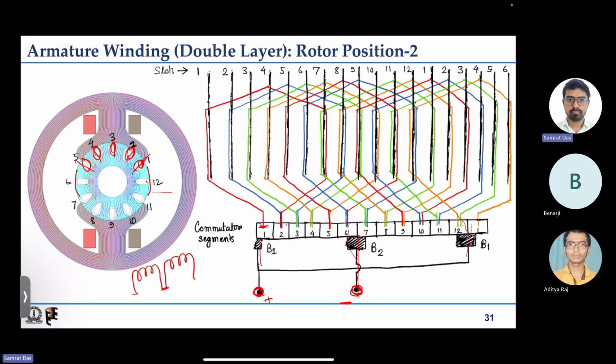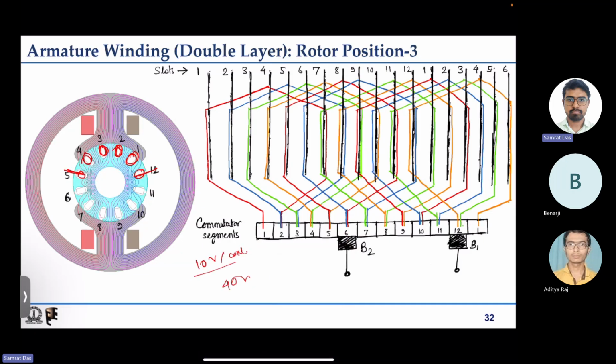So all 5 are actively participating in induced EMF production, so 50 volt. Then we come back to the original first position, only the difference being now 12, 1, 2, 3, 4, 5 are coming in series, and out of them 1, 2, 3 and 4 have non-zero induced EMF, so again 40 volt. So as the rotor rotates, the induced EMF in this case will at least be pulsating between 40 volt and 50 volt.